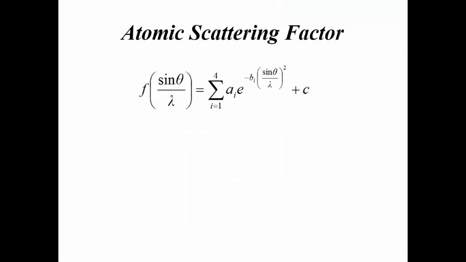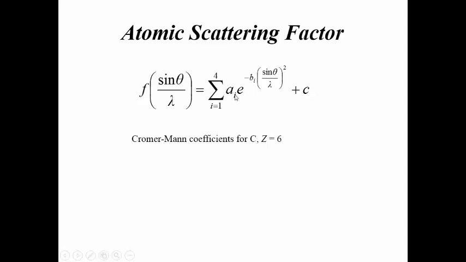So let's look at the formula that we used, and this is essentially what your starter program will do. It will produce the scattering curve, and these coefficients are called the Cromer-Mann coefficients, and if you notice there are 4 A's.